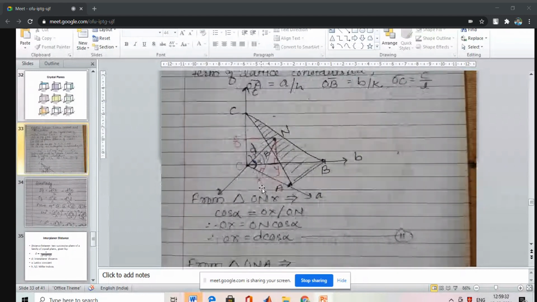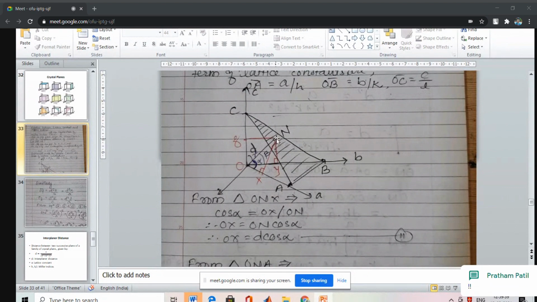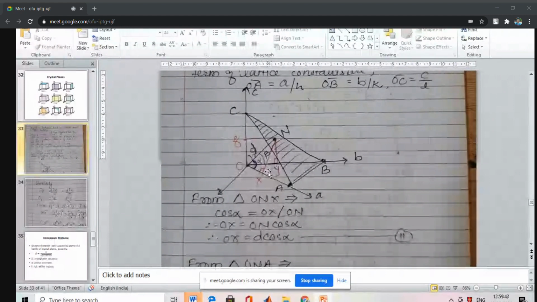Now, see, from triangle ONX, where is ONX? See in the diagram, ONX is the right angle triangle. Okay, before that, we have assumed that the angle between axis A and the direction ON is alpha.